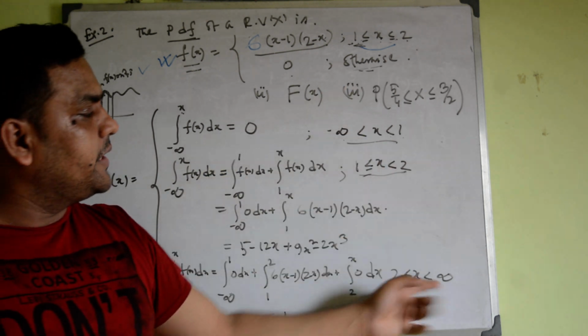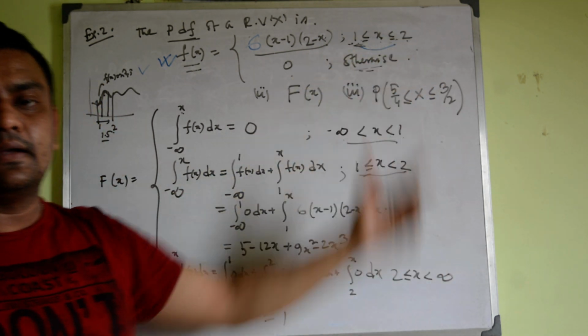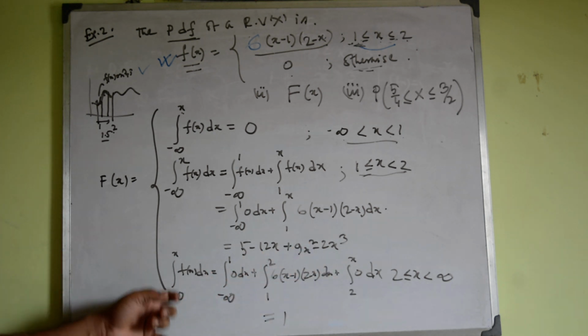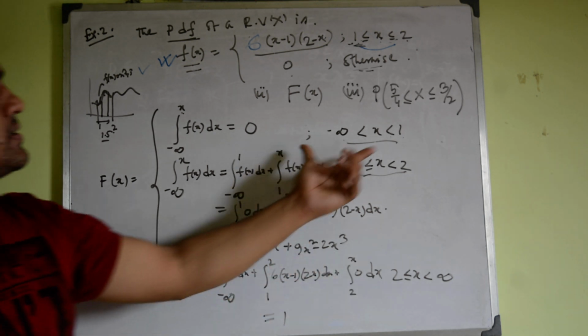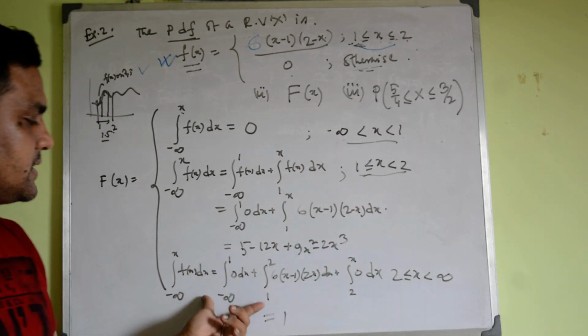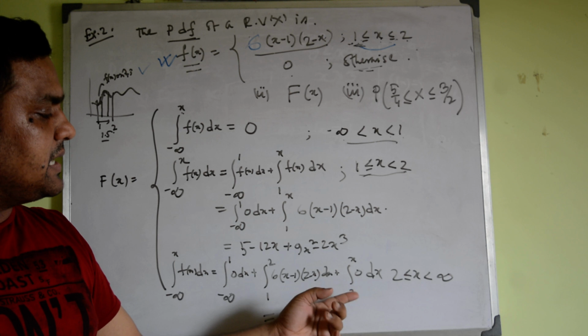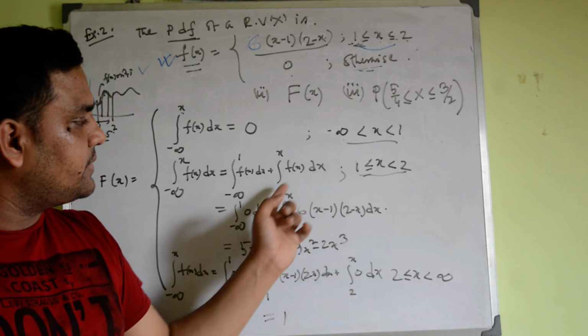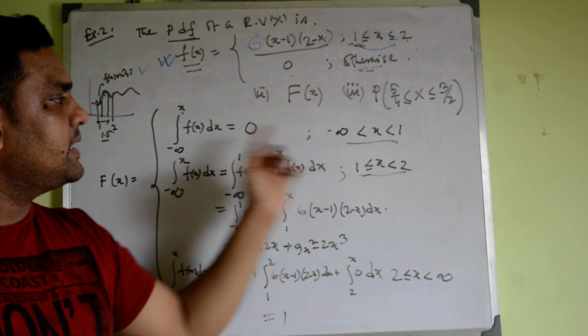Lastly, 2 to infinity. Because no other interval is defined here, for x from 2 to infinity you take the integral from minus infinity to x of f(x) dx. Just write down the previous two intervals, minus infinity to 1 and 1 to 2, plus 2 to x. Here the lower interval is 2 to x, then 1 to x, then minus infinity to x.